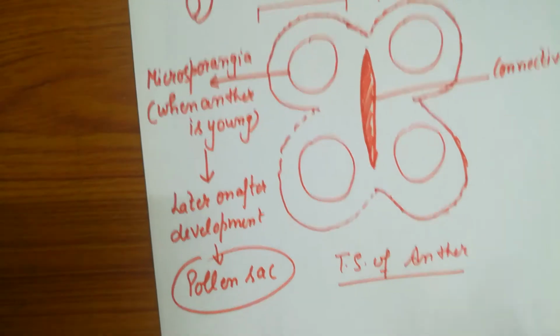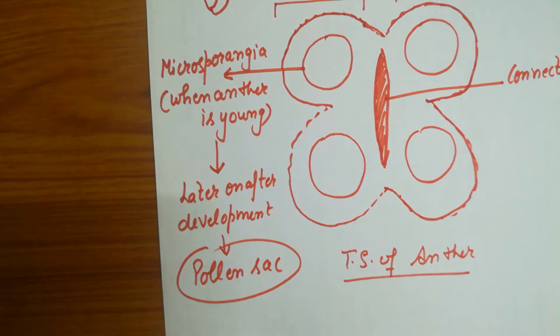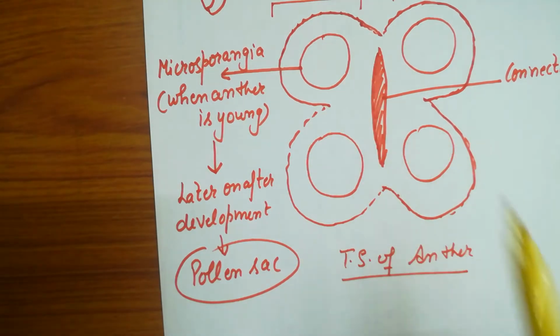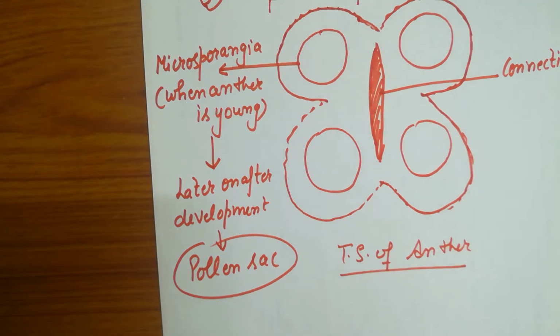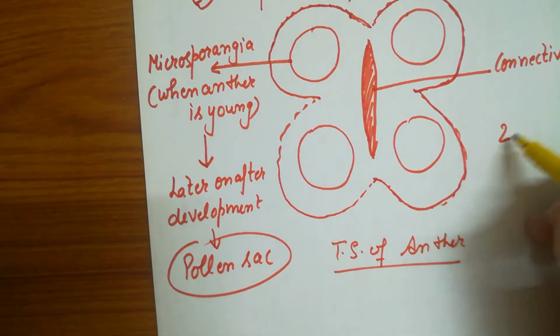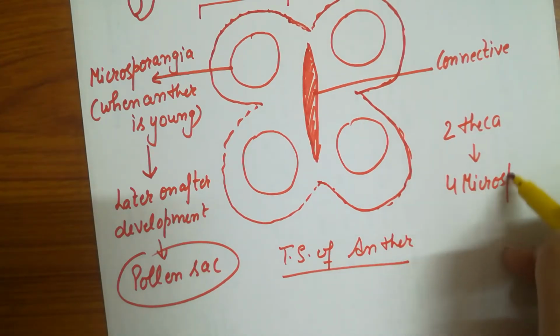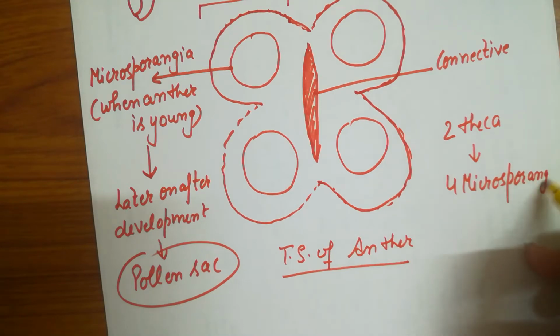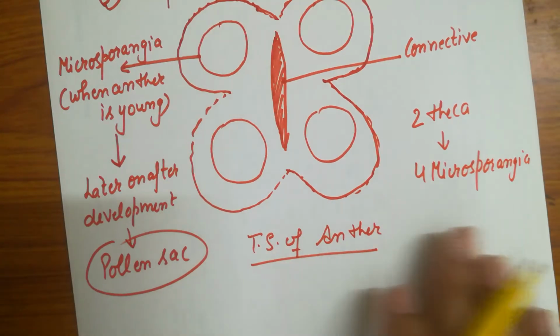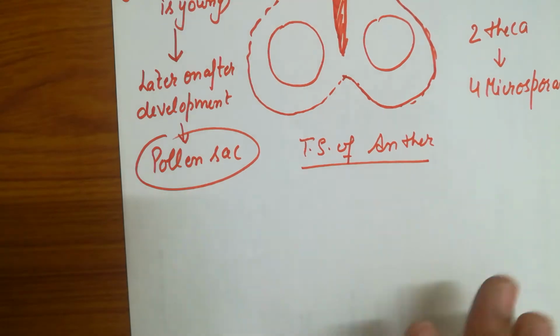Two theca means how many microsporangia? Four microsporangia can be observed in angiosperms.